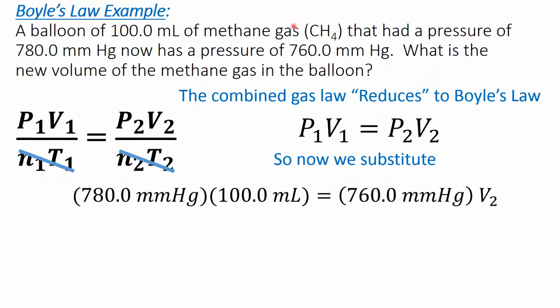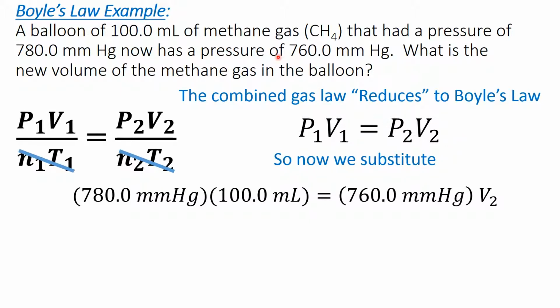We'll plug in P1 right here. This is our 780 millimeters of mercury. We know that because it says that a balloon of this volume had a pressure of 780. So that's P1. We plug in volume 1 because it tells us that the balloon was originally 100 milliliters.